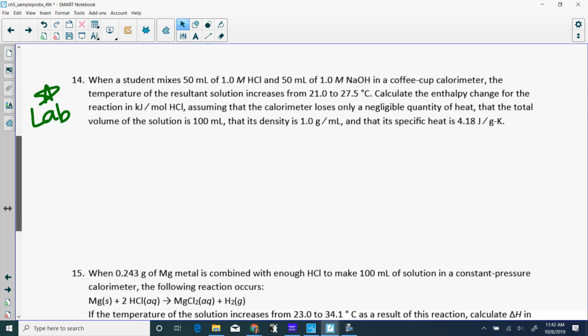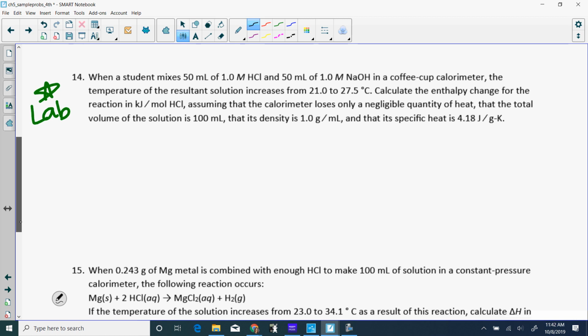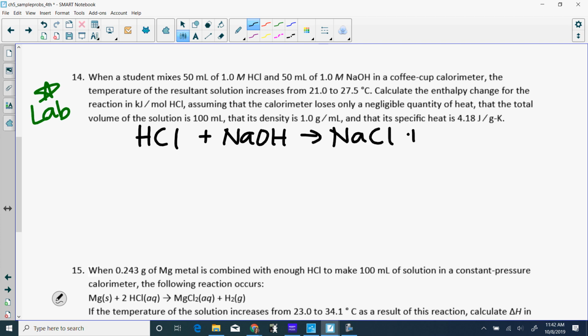When a student mixes 50 milliliters of 1 molar hydrochloric acid with 50 milliliters of 1 molar sodium hydroxide, we know they're making salt water. I have 50 milliliters, it's 1 molar.